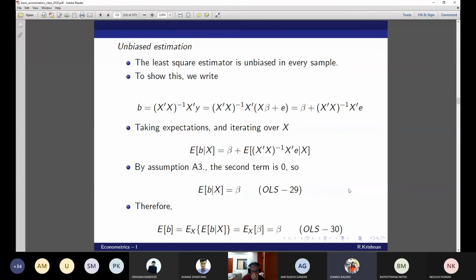Iterated expectations, the LIE. See how it uses the LIE. A very, very important tool to have.